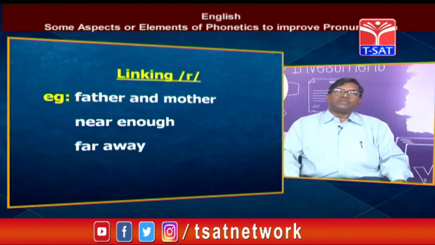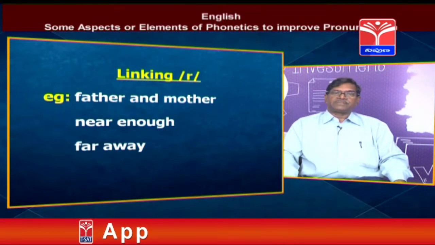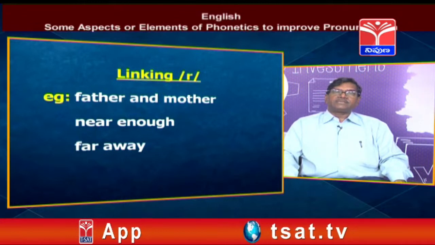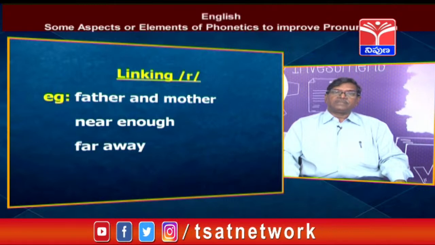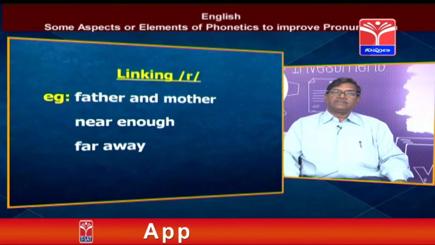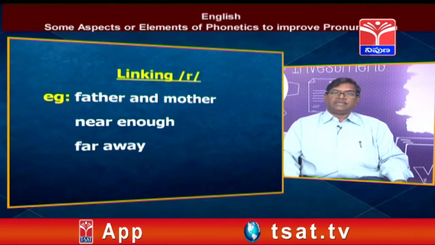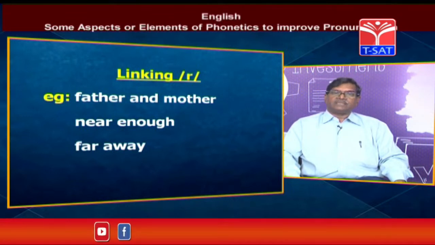Now, look at these words and phrases. When a word ends with R sound and the next word begins with a vowel sound, and if there is no pause between two words in connected speech, the final R of the first word is pronounced. Father, if we utter the word separately, it is father. The word ending R is not pronounced.